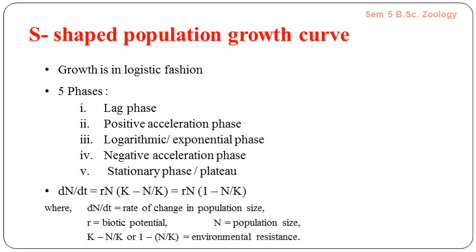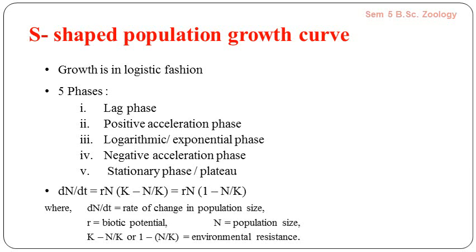Here, the population growth curve is represented by the equation dN/dt = rN(K-N)/K. Here dN/dt is the change in the population size, the rate at which the population size changes with time, that is, the population growth. r is the biotic potential, and N is the population size.